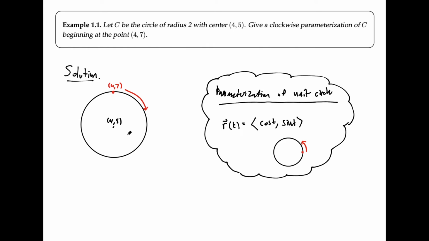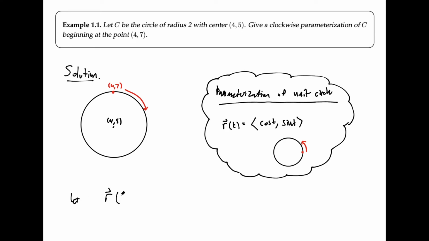Okay, so how can we fix these issues? Well, first of all, we need to take care of the center and we need to take care of the radius. If I start with a parameterization like this, I can adjust the center by just adjusting the x and y components, respectively. In particular, I want to take this whole picture and shift it to the right 4 units and up 5 units.